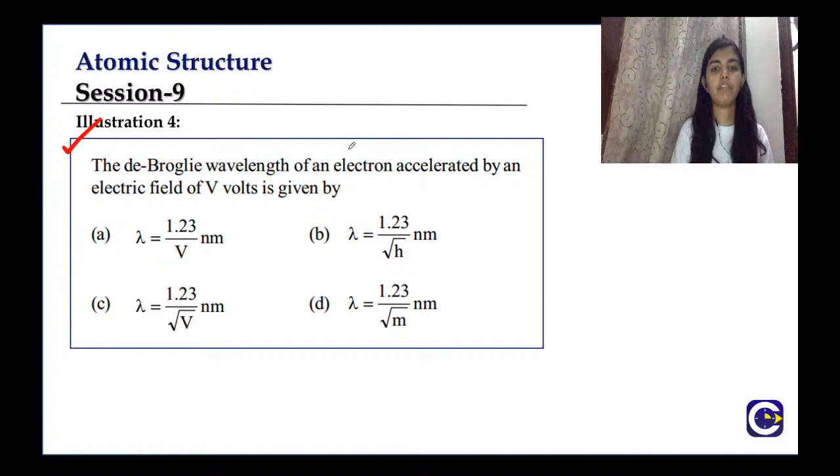The de Broglie wavelength of an electron accelerated by an electric field of V volts is given by. It is saying the de Broglie wavelength of an electron accelerated by an electric field of V volts is given by. So we know that h upon root 2 meV. So here we are taking what? Electron, right?